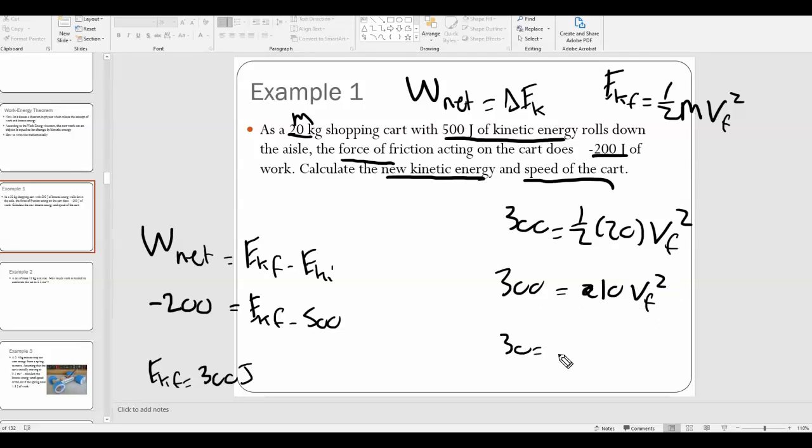So that would be 30 equals v final squared. Then I'm going to take the square root, and the square root of 30 is 5.5 meters per second. Yes, that is the answer to example 1. Pause there if you need to look at that some more.